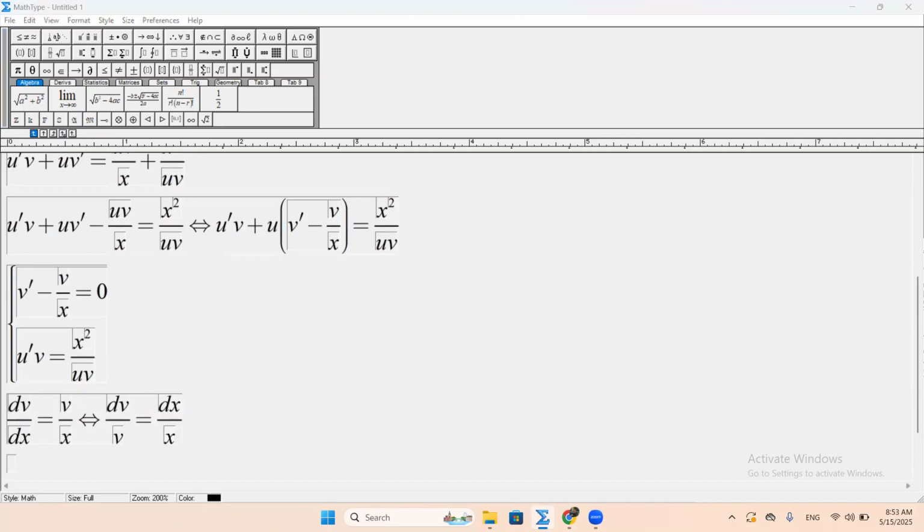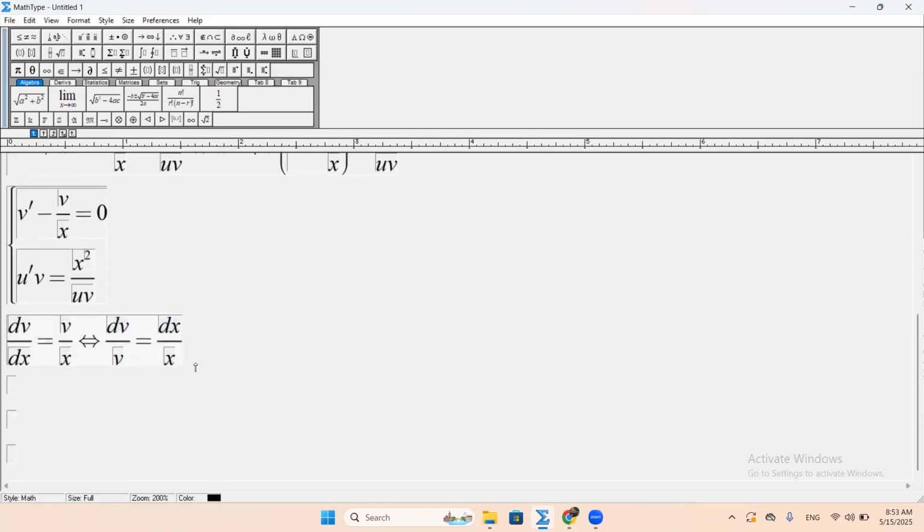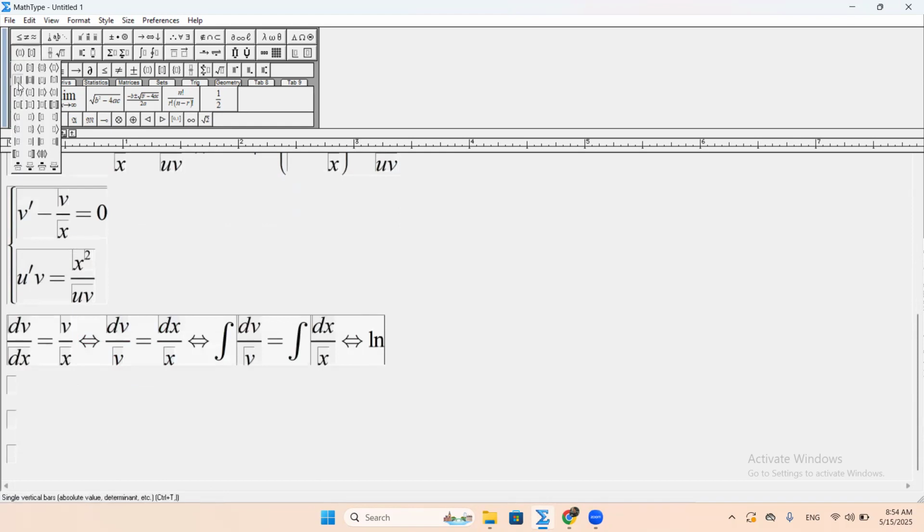We'll integrate both parts. Logarithm of modulus v equals logarithm of modulus x. And then v equals x.